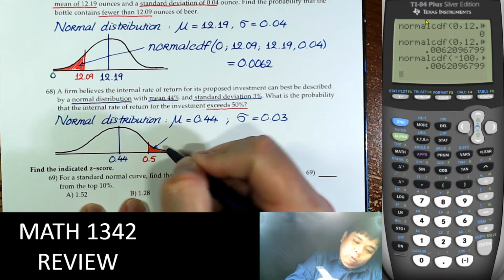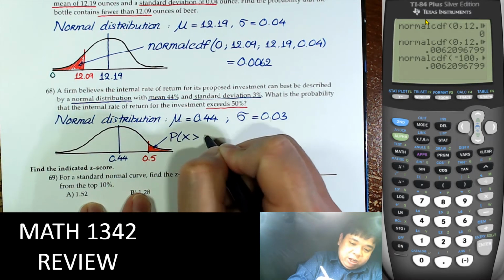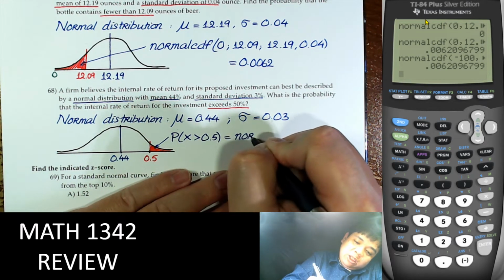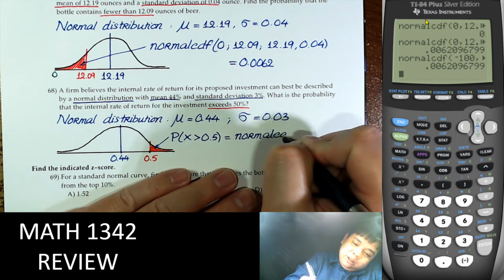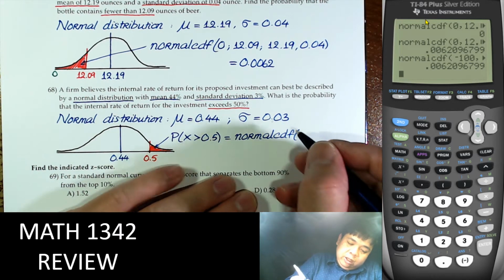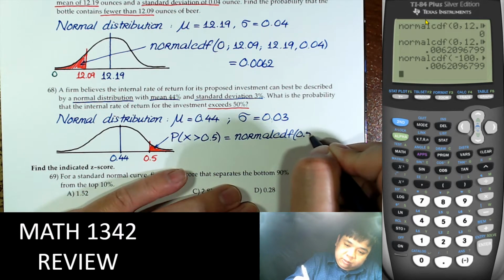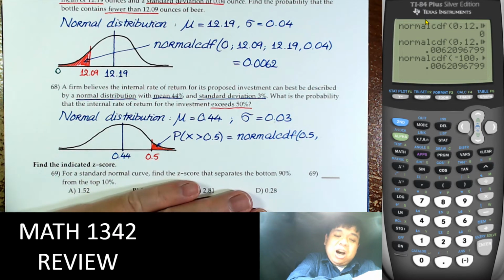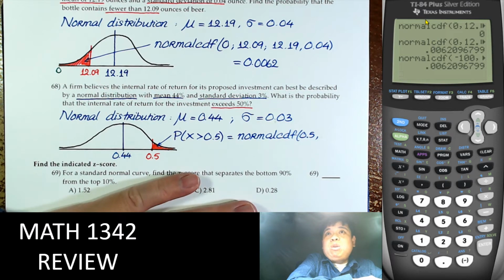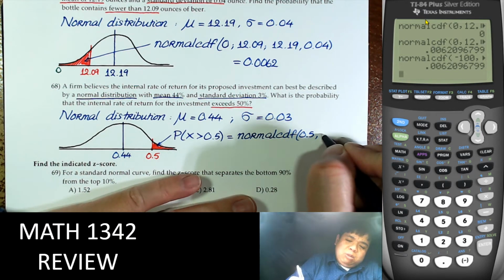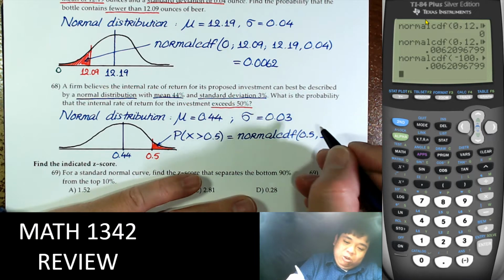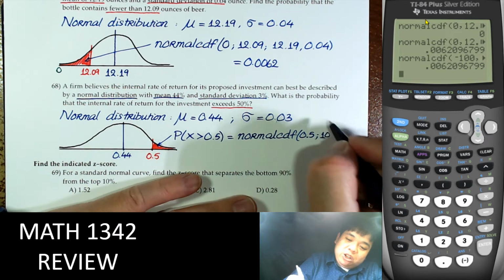So if we want to write that, it is when x is more than 0.5. So this is normal CDF. We go from 0.5 to a very big number. Now the very big number could be 1,000, but in this scenario, realistically we cannot get more than 100%, right? So as I said, you can put 1 for 100%, or 10 or 100, it doesn't really matter. The calculation will not change by that.